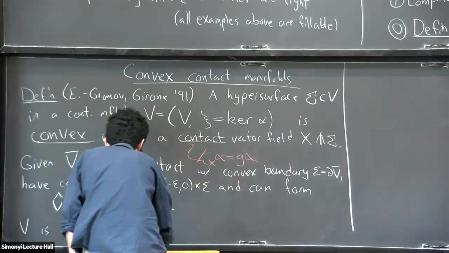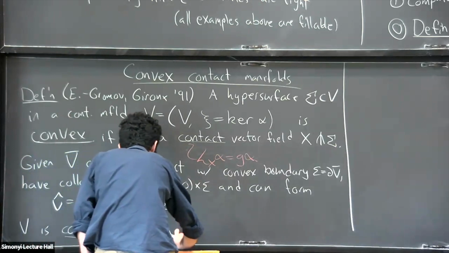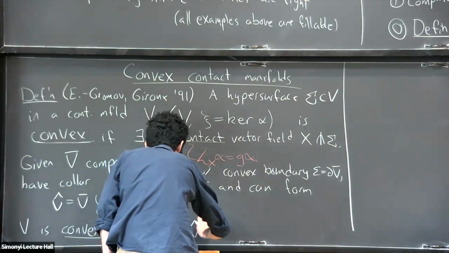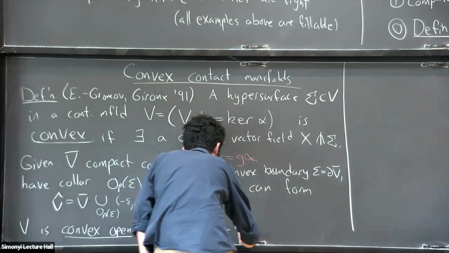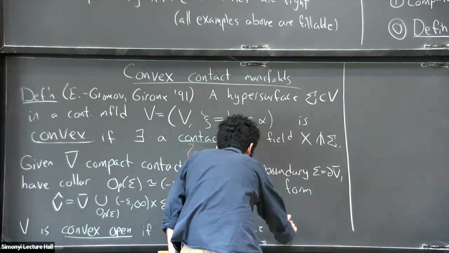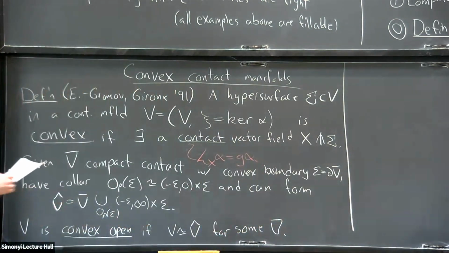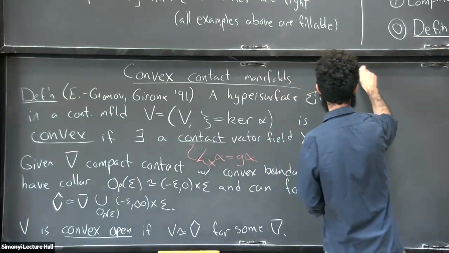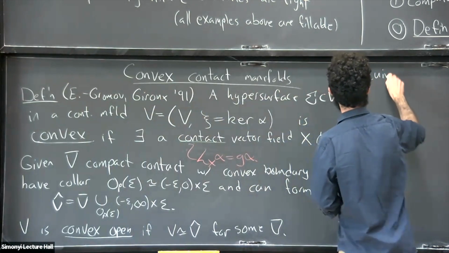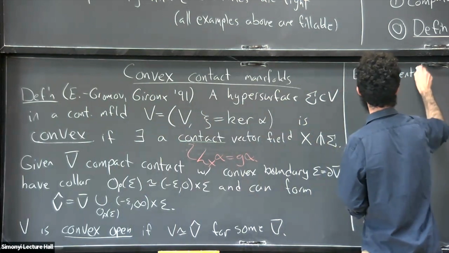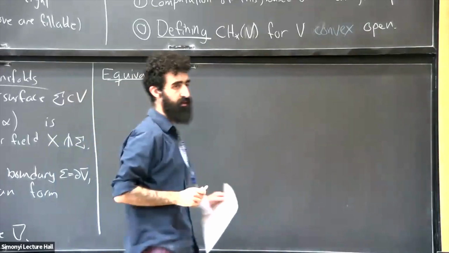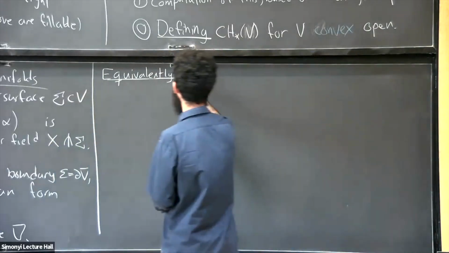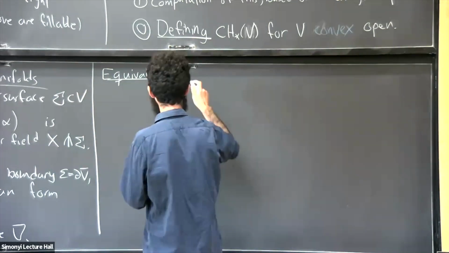A convex open manifold is one where V is isomorphic to V hat for some V bar as well. Equivalently, without making reference to this manifold with boundary in the completion construction, we can say directly what we want.